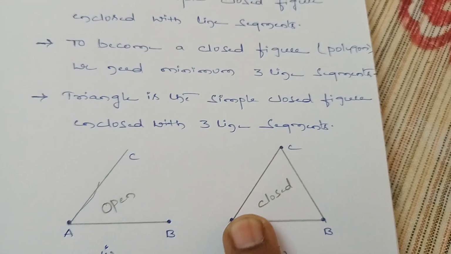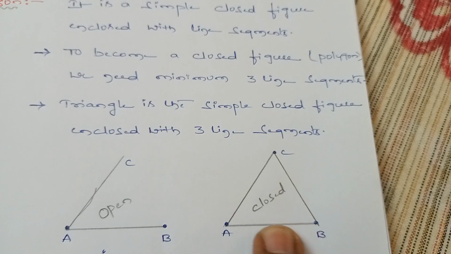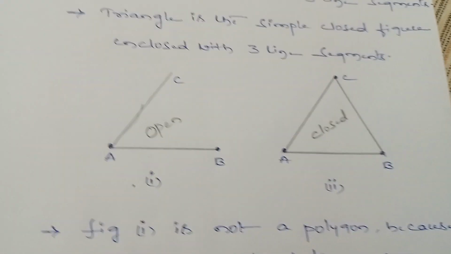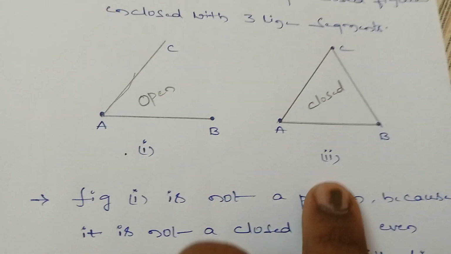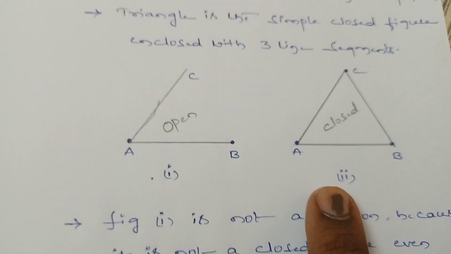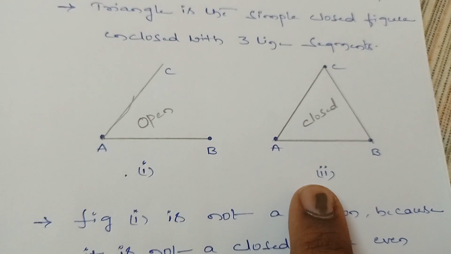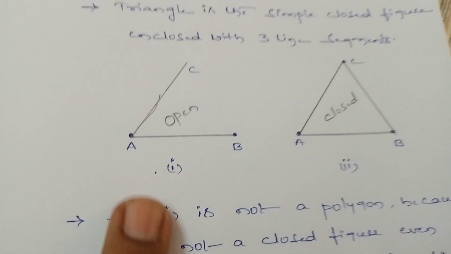So the 2 properties are satisfied, therefore it becomes a polygon. Therefore a triangle is the minimum figure to become a polygon.